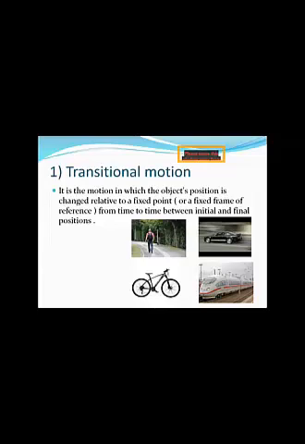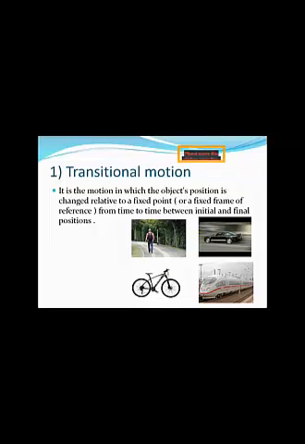The translational motion, the first type of motion, is a motion in which the object's position is changed relative to a fixed point or a fixed frame of reference from time to time between two points. The first point is the initial point and the second point is the final point.